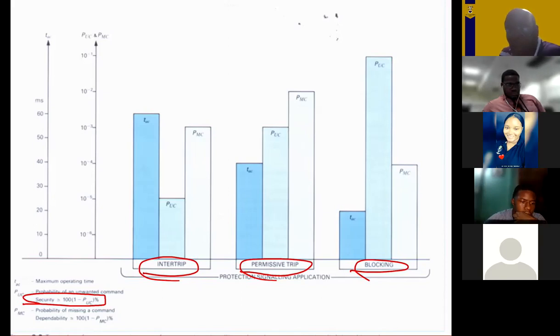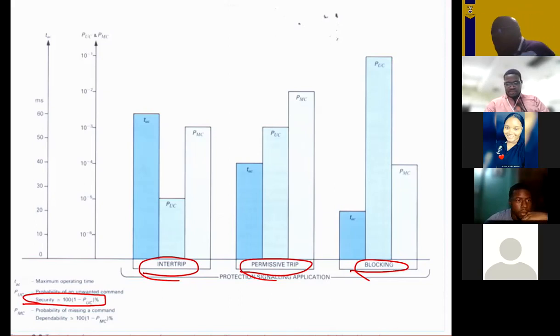So the smaller the probability of getting an unwanted command, the higher the security of the system. The smaller the probability of missing a command, the higher the dependability.